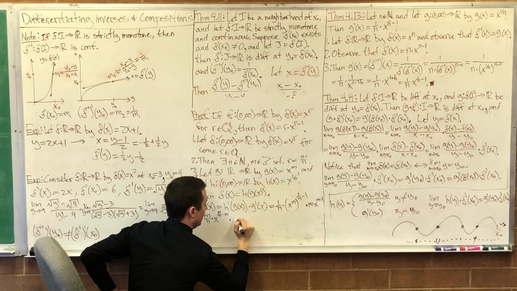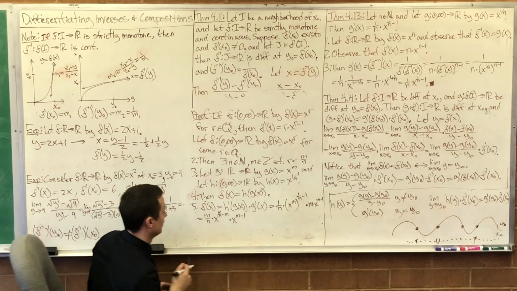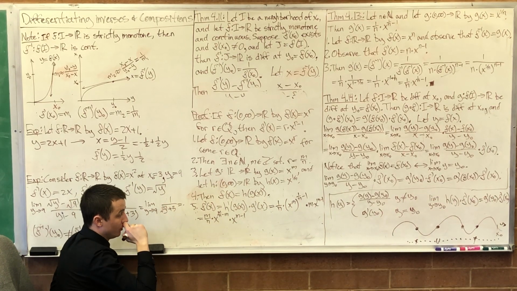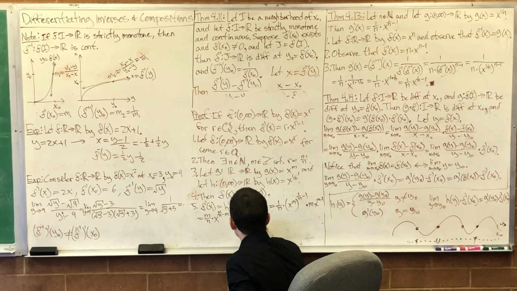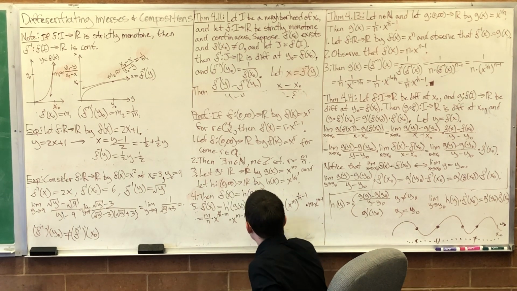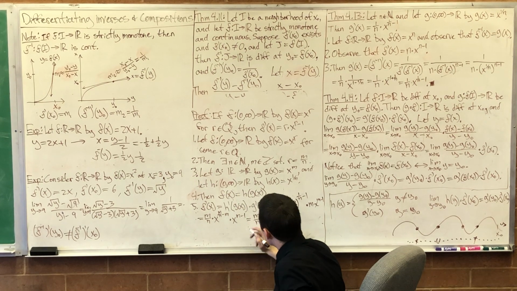And we have this times x to the m minus 1, right? So then, that is equal to m over n times, wait.